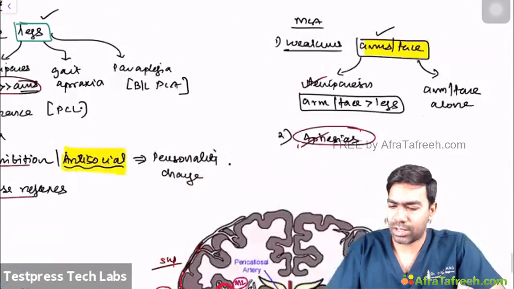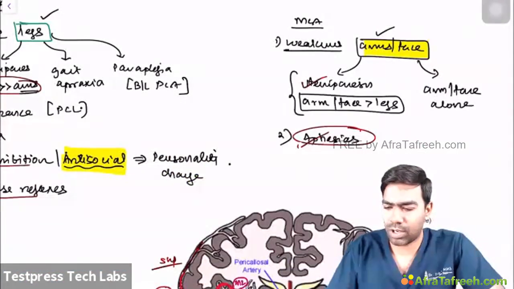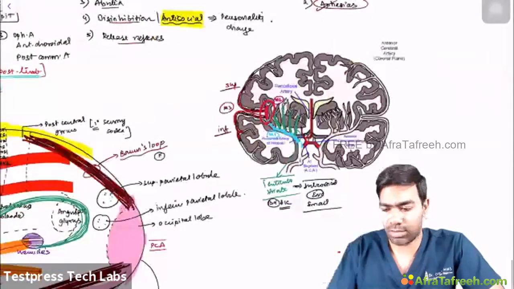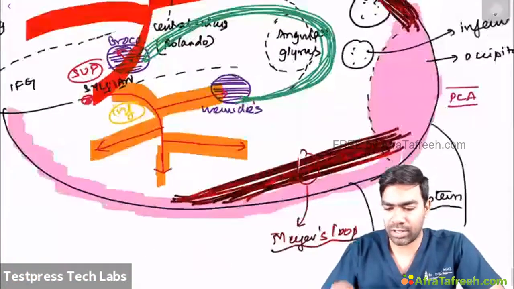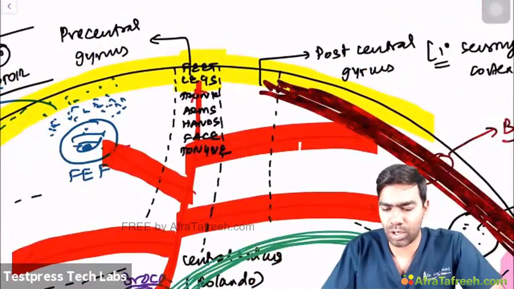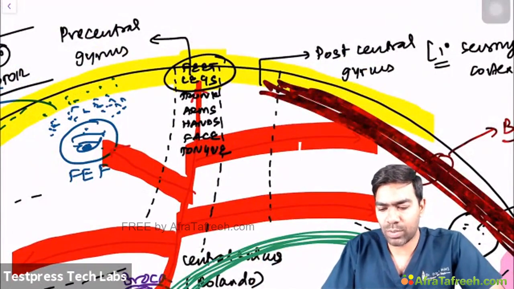Whenever you get an MCA-territory infarct, your arm and face weakness will be more than the leg weakness, and feet will be definitely spared. You will never have feet involvement in an MCA-territory infarct if it's a cortical infarct. If it's a large vessel infarct or a subcortical infarct, then the situation can be different. That is because of the distribution of the motor homunculus, and that's why it works like that.